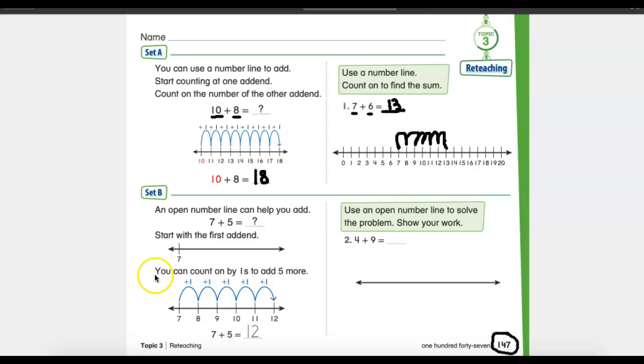It says you can count on by ones to add 5 more. So on our open number line, it began with the first addend, 7, and then we counted on by ones to get to 5. So we started at 7, jumped 5 places, and that brought us to 12.